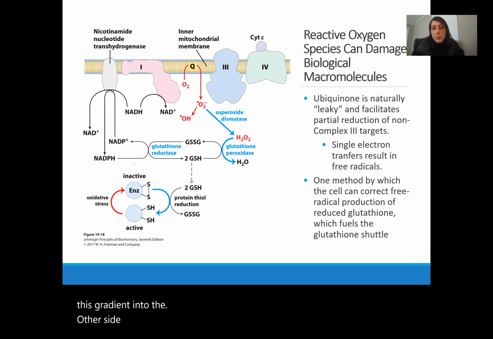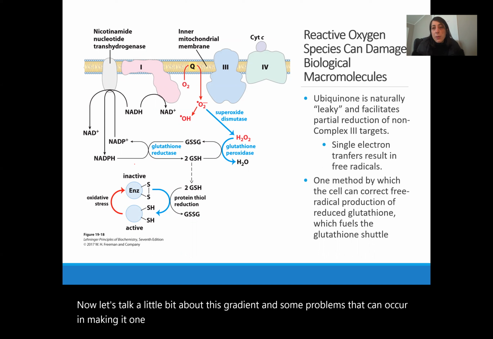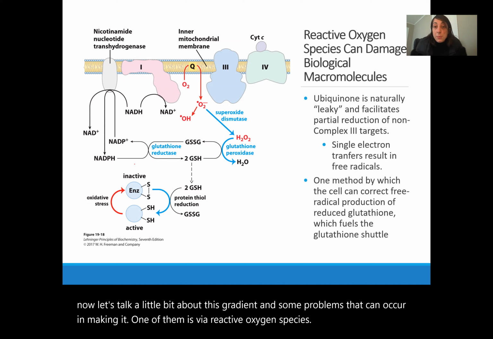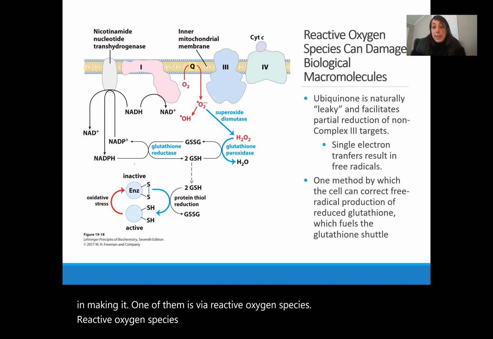Now let's talk a little bit about this gradient and some problems that can occur in making it. One of them is via reactive oxygen species. Reactive oxygen species are oxygens that are radicalized.